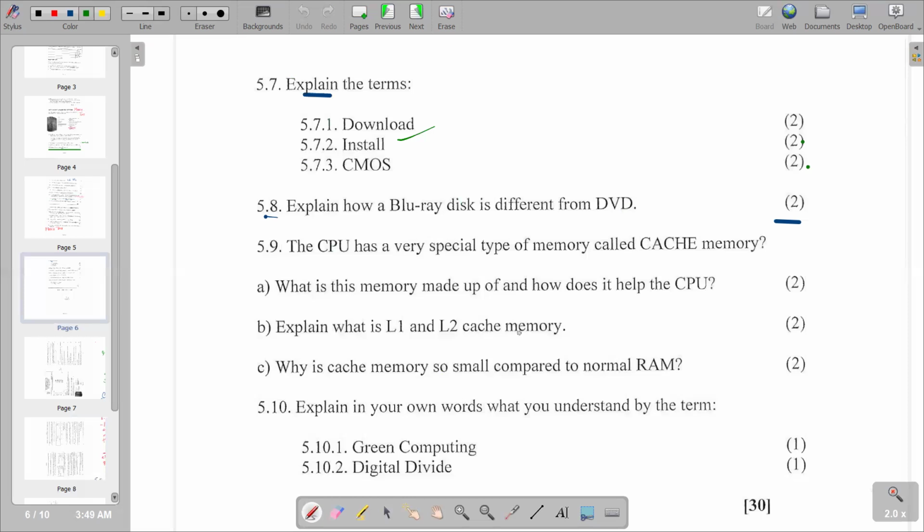Second part, we are saying explain what is L1 and L2 cache memory. So you see that L1 is found inside the CPU, while L2 is found outside the CPU, between the CPU and the RAM.